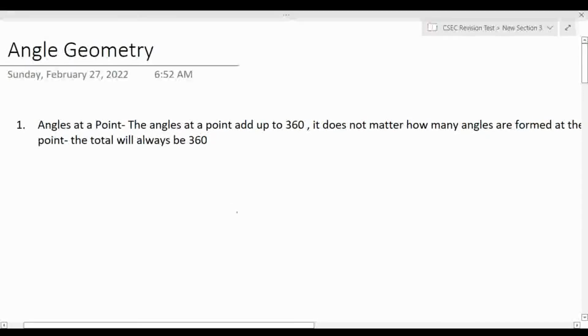So you have a point right here, and let's form an angle.